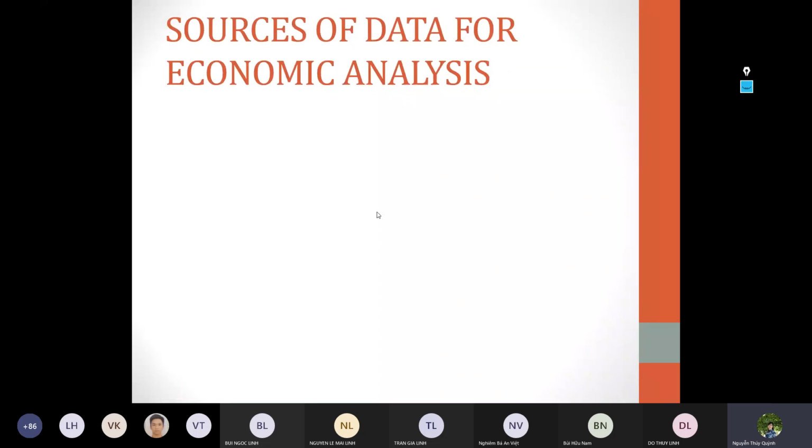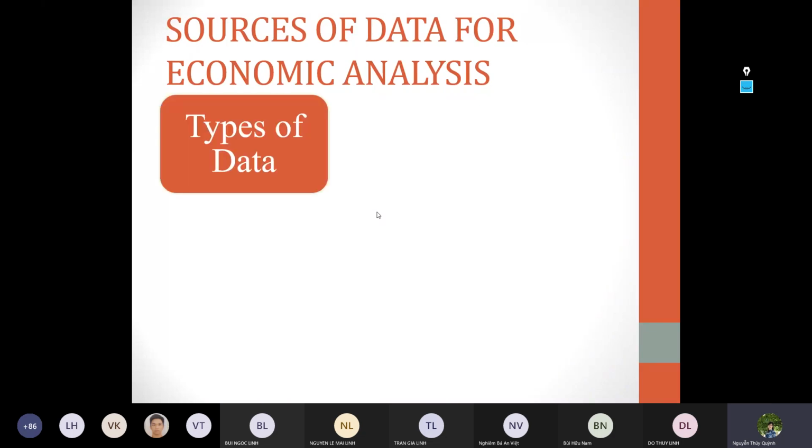Now, for the source of data for economics and econometrics analysis, empirical economic analysis. For the type of data, we have discussed some types of data based on their structure: cross-sectional data, time series data, and panel data.